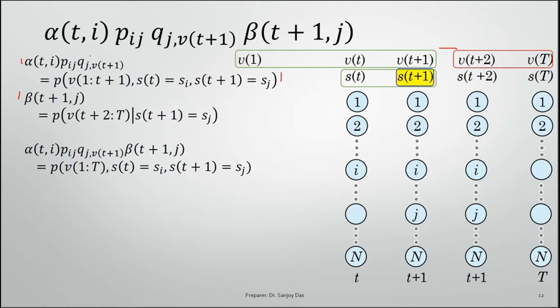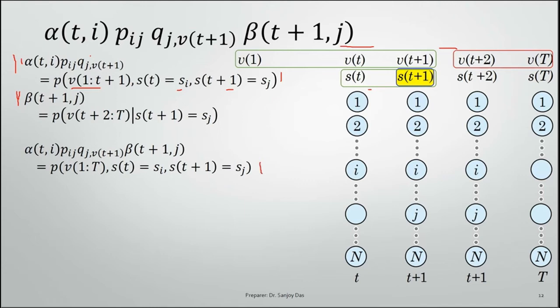So this product already had V1 through T+1, this green block here, and it also had St equals Si and St+1 equals Sj as part of its conditional probability. So when I take the product of alpha t(i), Pij, Qj(Vt+1) and beta t+1(j), this is what I get.